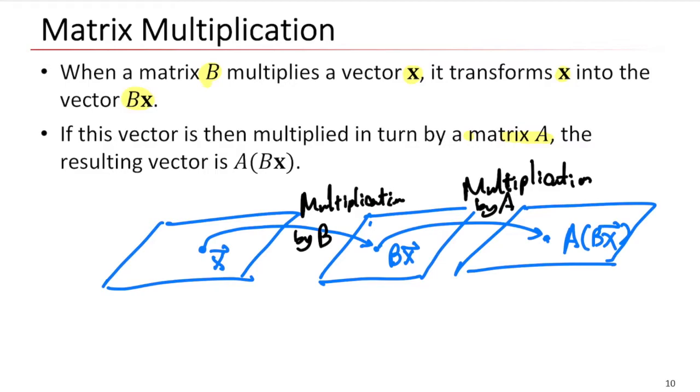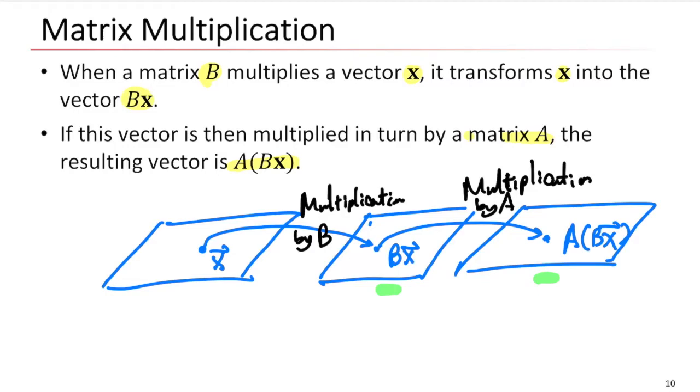So the resulting vector will be A(Bx), something like that. So this is the definition of matrix multiplication. By using matrix multiplication, we can convert the input vector x into another space, something like this. So this is the concept of matrix multiplication.